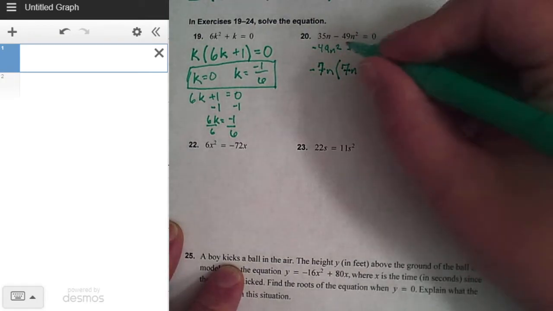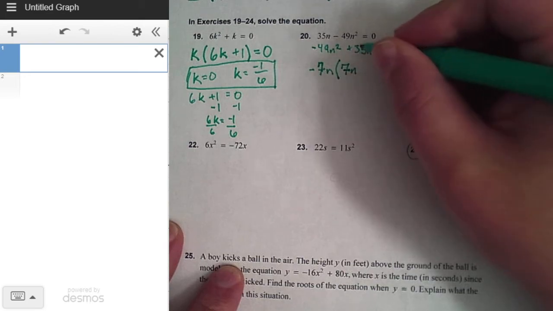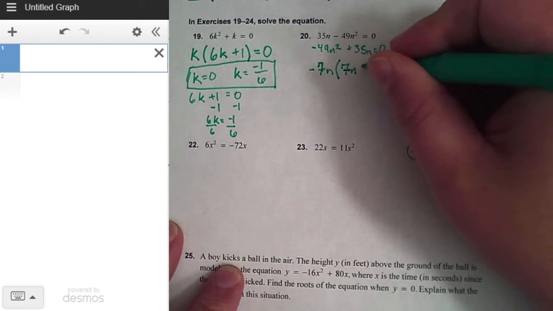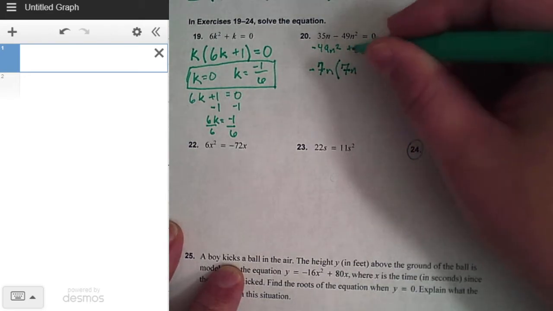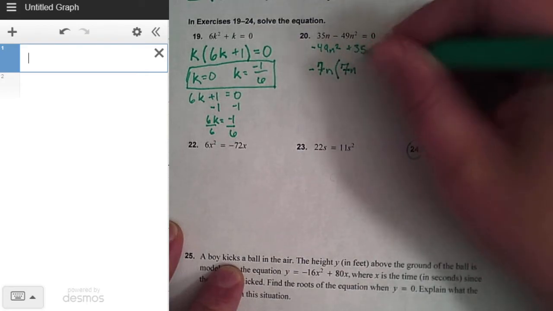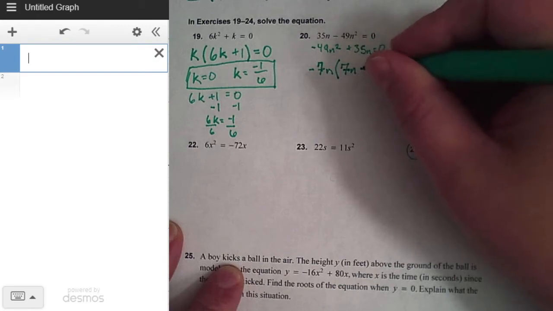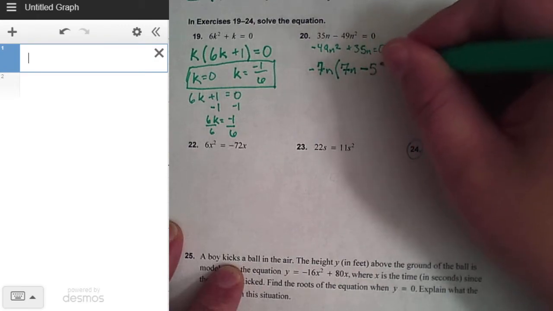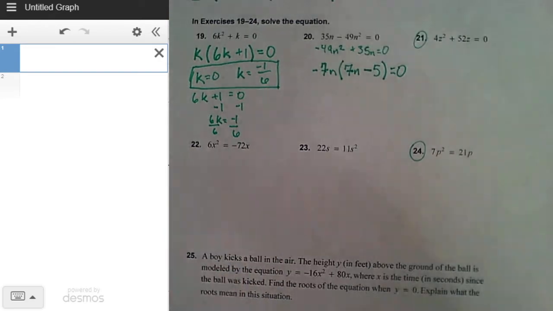And then negative 7n times what is positive 35n? So this is when we're seeing, oh, we need to have a negative 5. And then that is all equal to 0. So now we have it factored. We have it in this factored form.